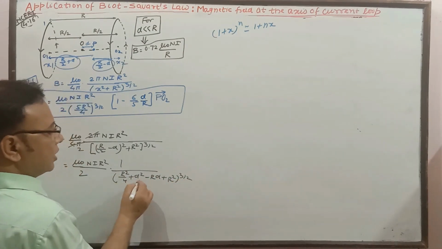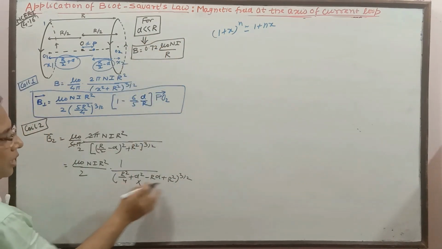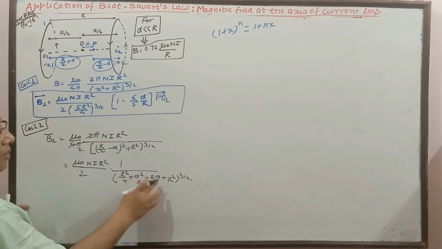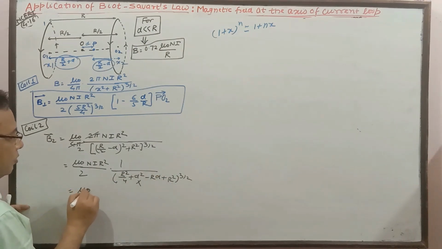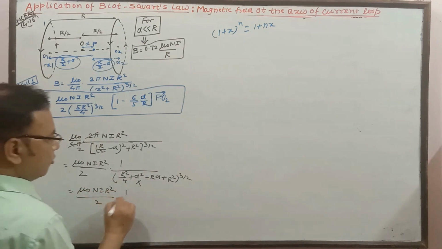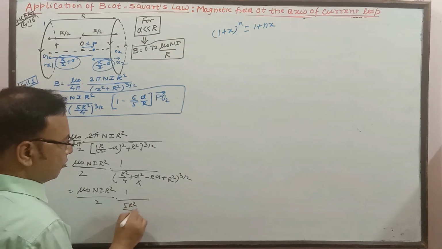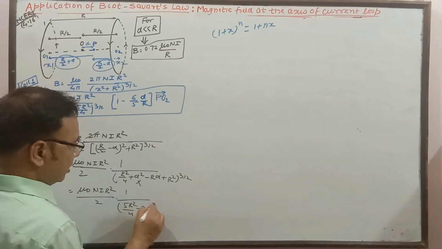So this D square is going to be neglected, as per the rule we know. So R square plus R square by 4, that is 5 R square by 4. So this is mu naught Ni R square by 2 into 1 by 5 R square by 4 minus RD, whole to the power 3 by 2.